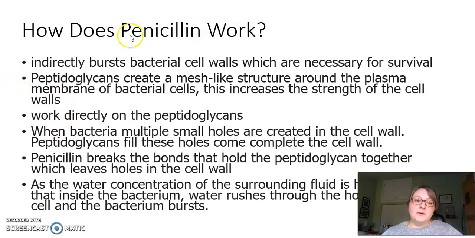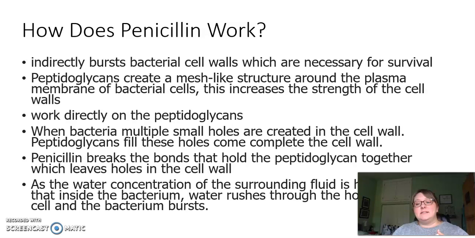The penicillin then works directly on those peptidoglycans. So when bacteria multiply, they make little holes in the cell wall, and that's where the peptidoglycan fills in those holes, which will then strengthen the cell wall.